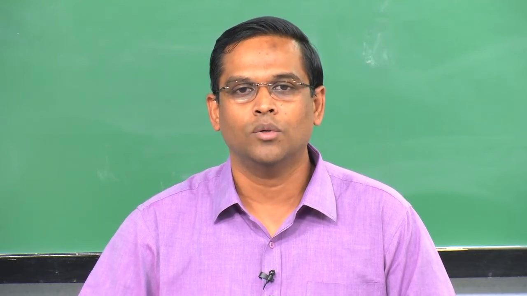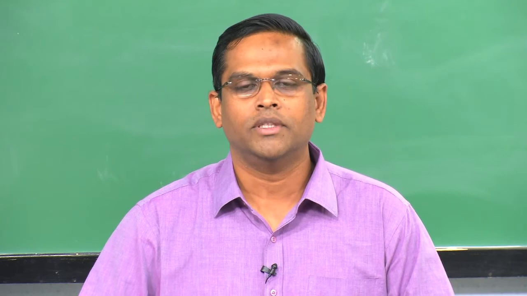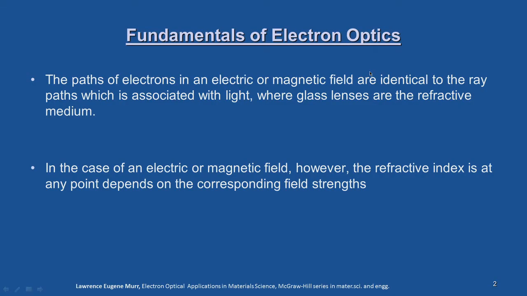We will also review the aberrations encountered in these electron lenses and how to correct them in order to obtain a better resolution of the microscope. With these intentions in mind, let us begin our fundamentals of electron optics lecture with a few remarks.